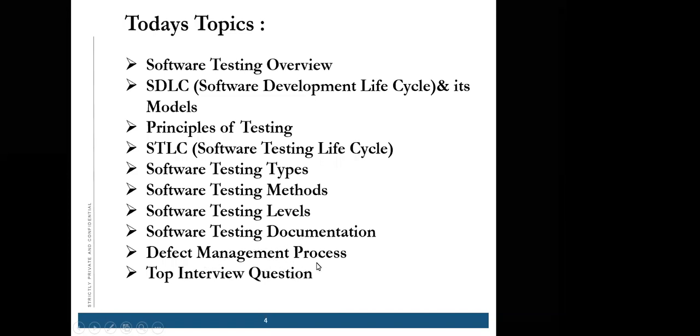Well, here we will also learn about the defect life cycle, what is bug life cycle also, and then I will give you few interview questions which you can study, and if you have any doubts, you can come up with the doubts with me. I will be happy to solve that doubts.